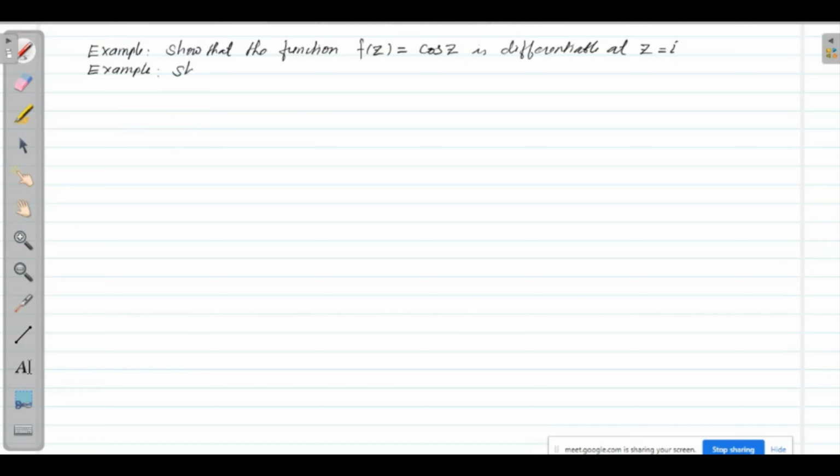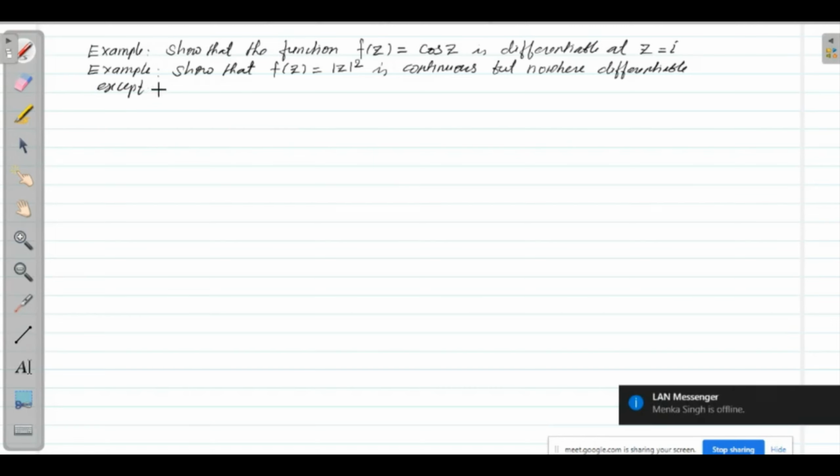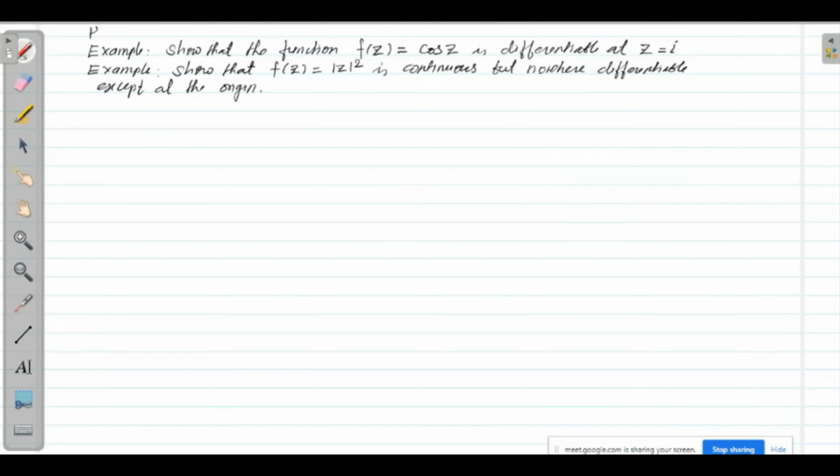So that the function f of z, which is equal to modulus of z square, is continuous, but nowhere differentiable except at the origin. Okay. So these two problems are homework for you.